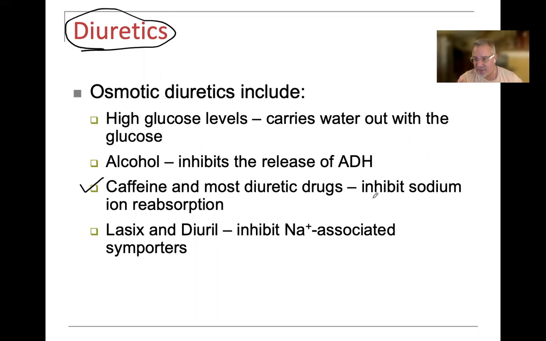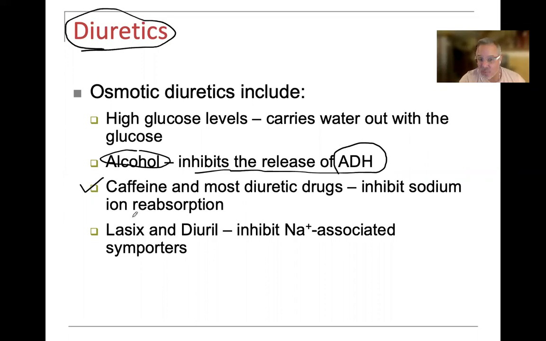So if there's sodium, water is going to follow. Alcohol is a diuretic because it inhibits the release of anti-diuretic hormone. Anti-diuretic hormone holds on to water, so if you're inhibiting that, you're going to have increased urination.